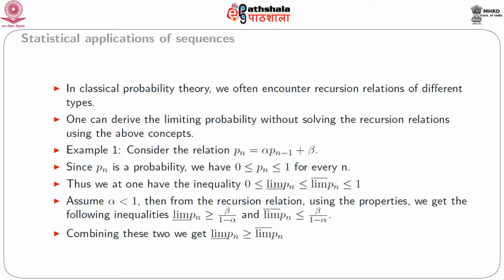Then from the recursion relation using the properties, we get the following inequalities. The first inequality is limit inferior of Pn greater than or equal to beta by 1 minus alpha, and limit superior of Pn is less than or equal to beta by 1 minus alpha. Now combining these two, we get limit inferior of Pn greater than or equal to limit superior of Pn.